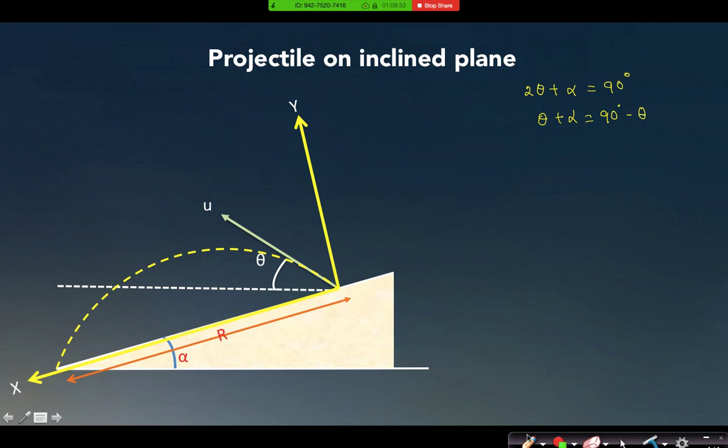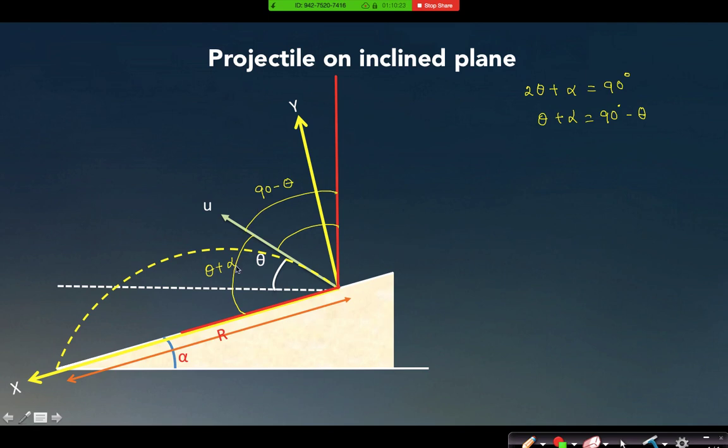Right. Now let us draw a vertical line from here and the inclined plane from here. Now can you calculate what is this angle? Theta plus alpha. And what is this angle? 90 minus theta.